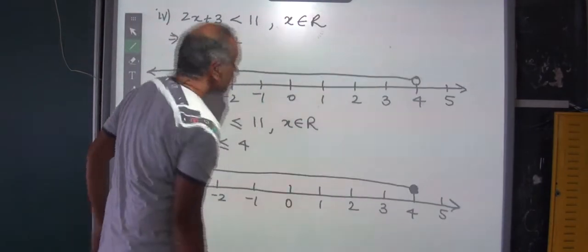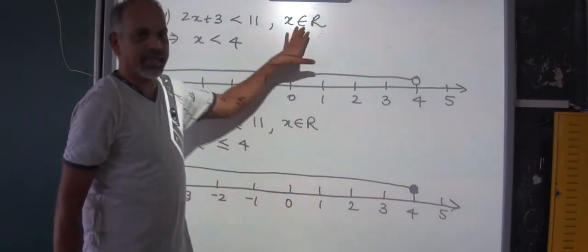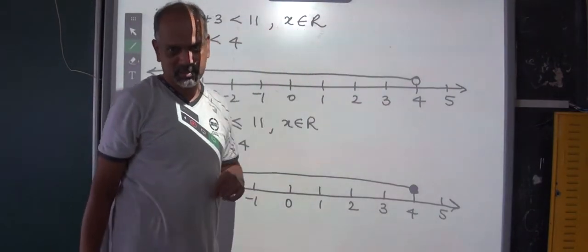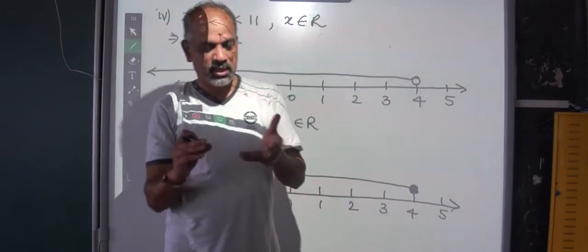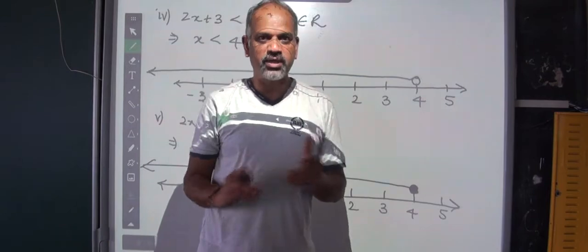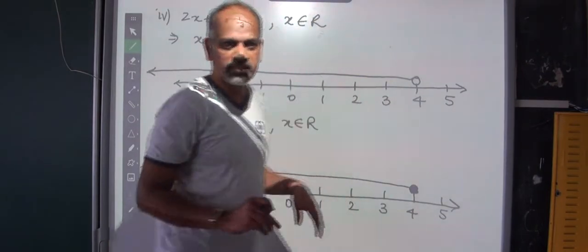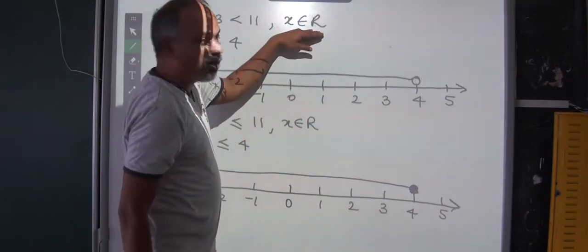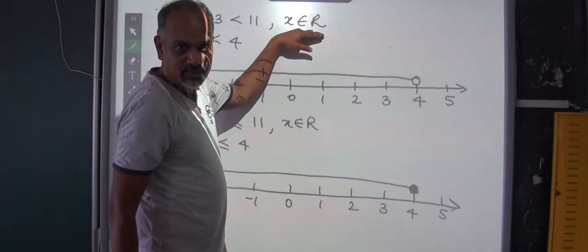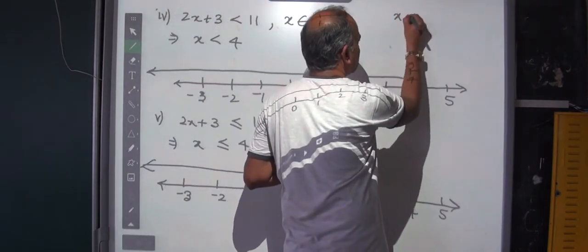Next, the same inequation, but now x belongs to real numbers. Natural numbers, whole numbers and integers can all be represented on a number line and also as a set. But for real numbers, you cannot represent this as a set. Let's say I have an example, x is less than 2.